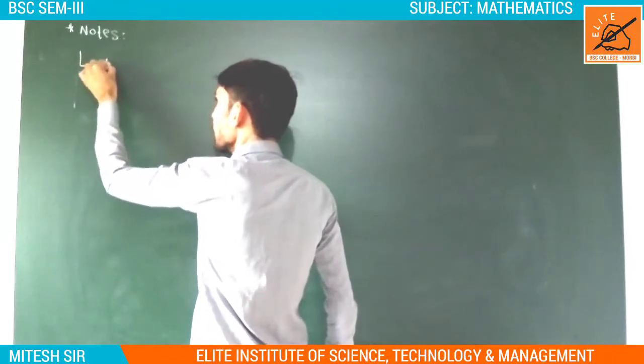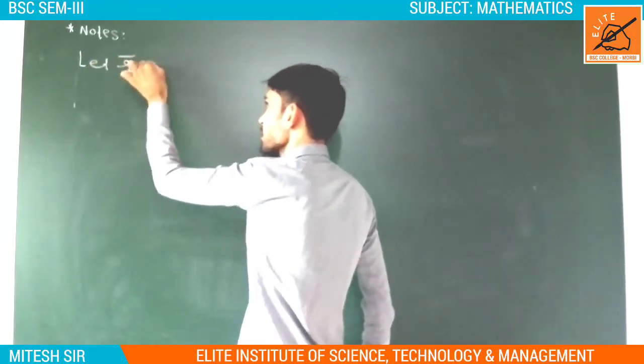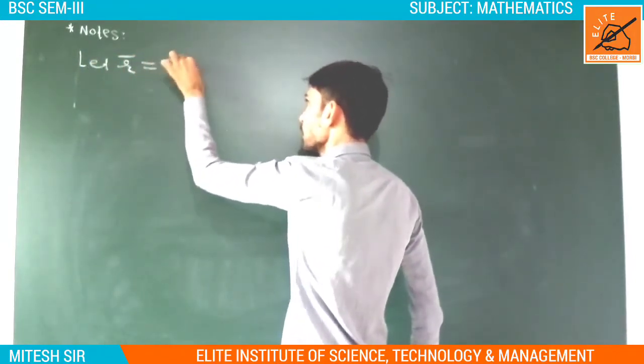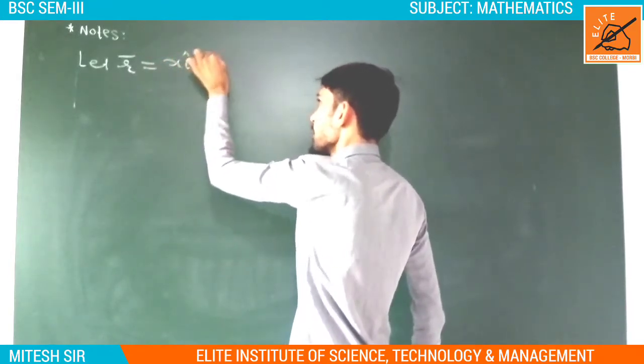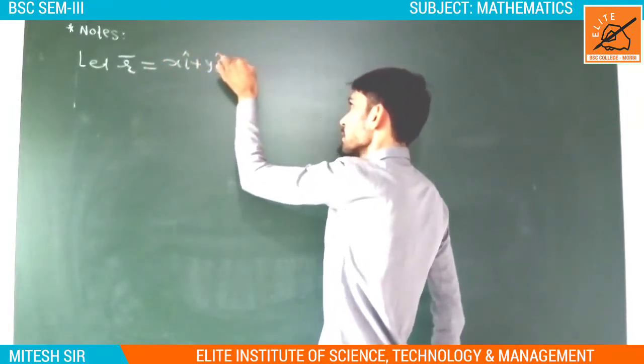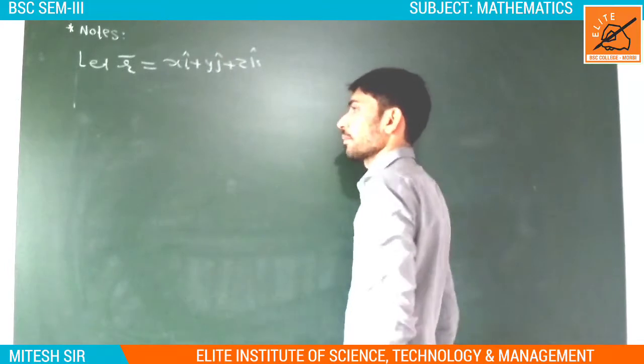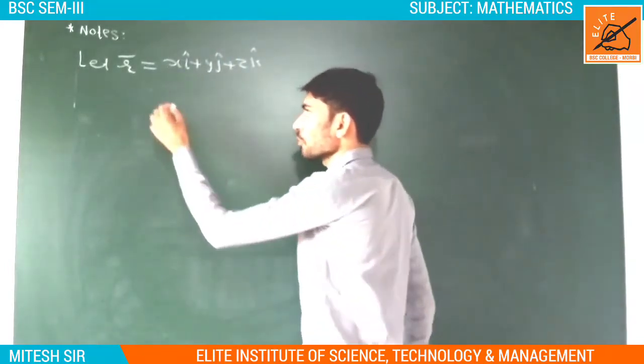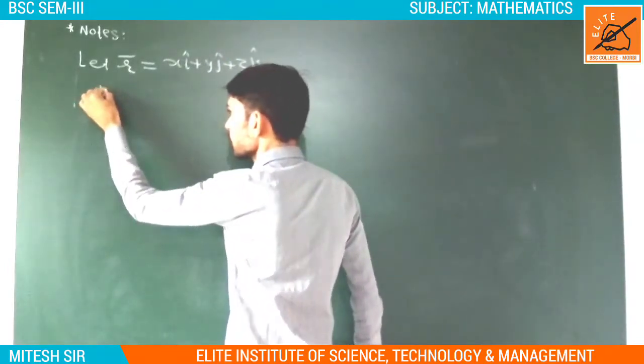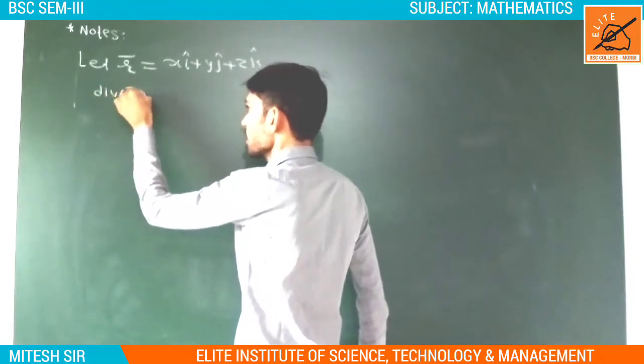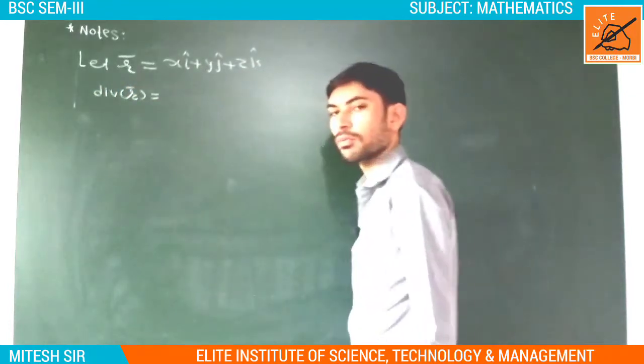As we know, the standard vector r bar is defined as x i cap plus y j cap plus z k cap. Now to find the divergence of this vector function, that means divergence of r bar, what is the formula?